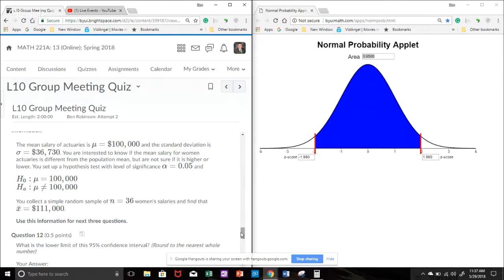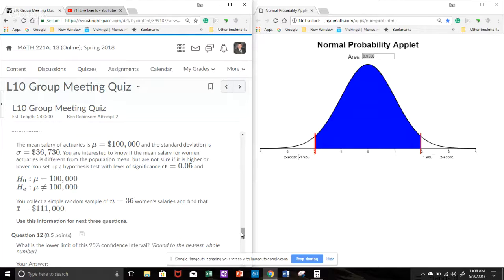Okay, that number I have to multiply by 1.96. It gave me 11,988.4666.